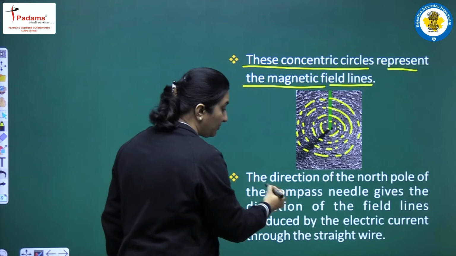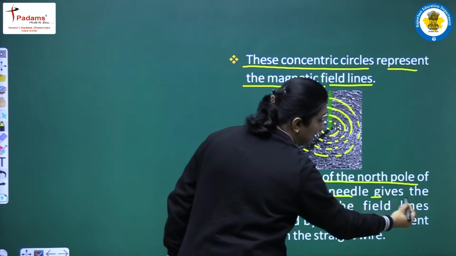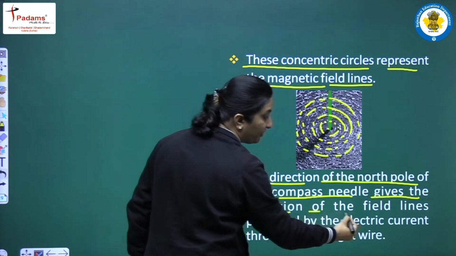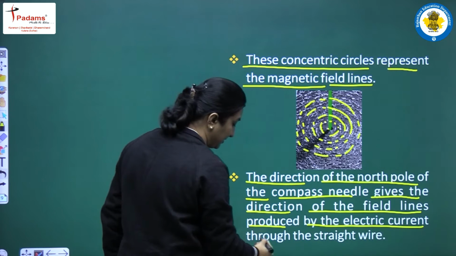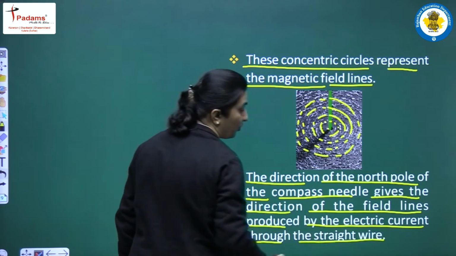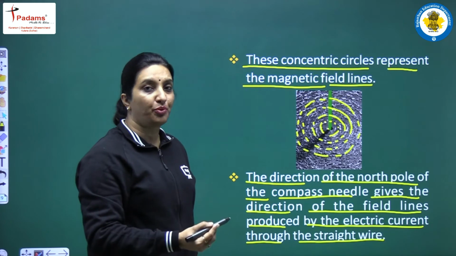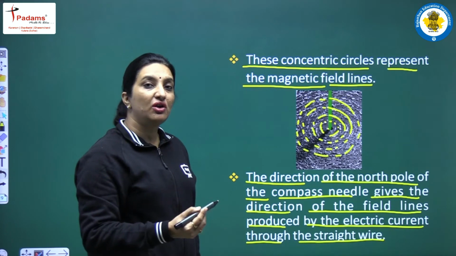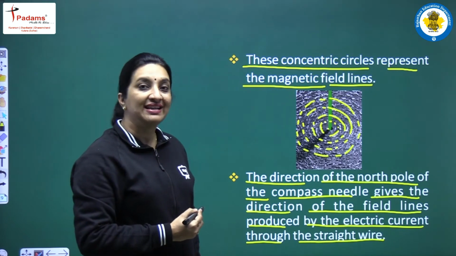The direction of the north pole of the compass needle gives the direction of the field lines produced by the electric current through the straight wire. If we place a compass needle, the direction of the north pole gives us the direction of the magnetic field lines around this straight wire carrying current.